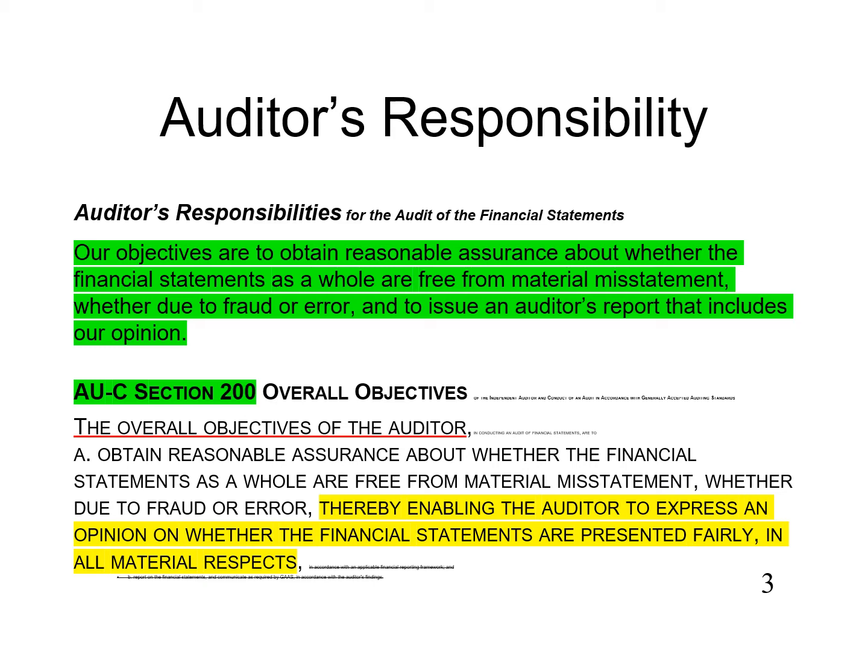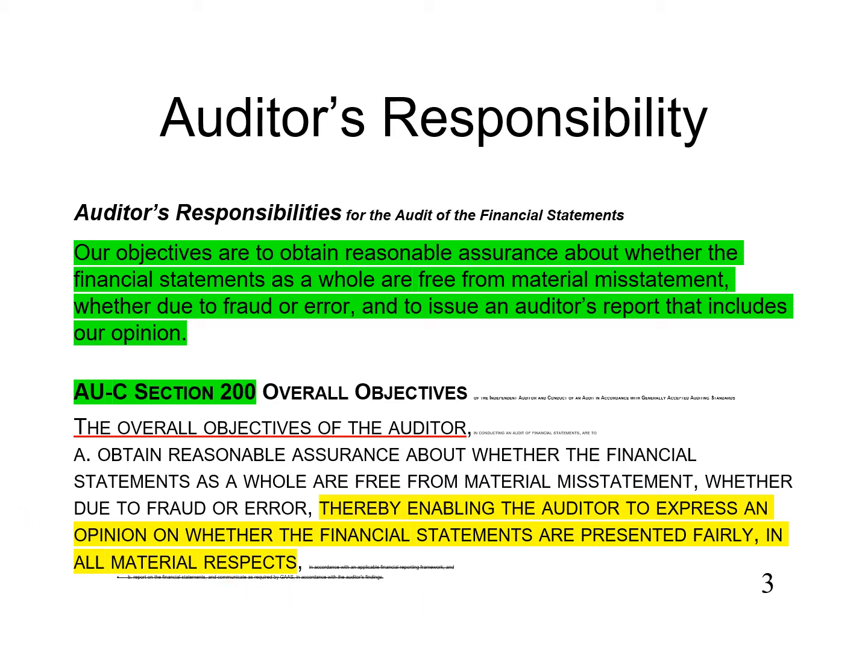Now, it's a little different from there: whether due to fraud or error, and to issue an auditor's report that includes our opinion. AU 200, on the other hand, says thereby enabling the auditor to express an opinion on whether the financial statements are fairly presented in all material respects. So they're very, very similar.